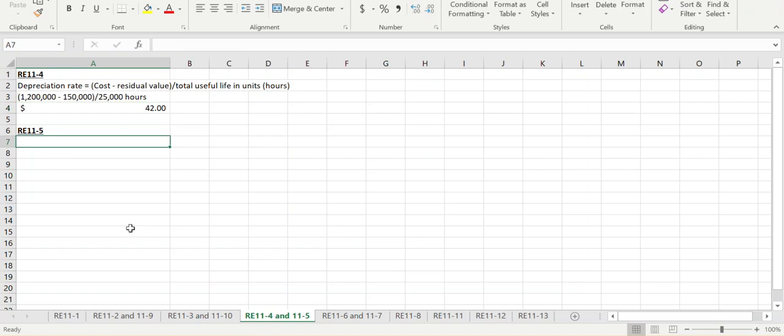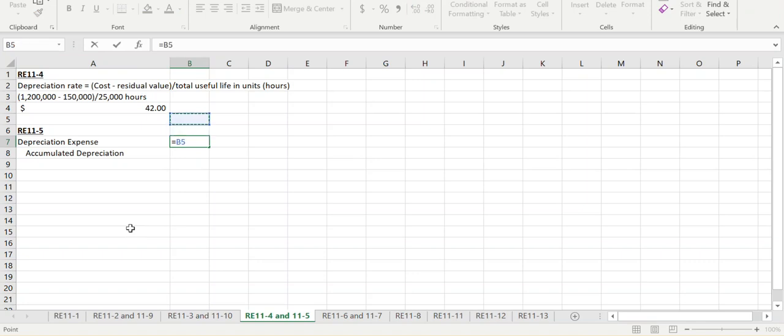So in review exercise 11.5, it says to assume that we use that asset for 7,500 hours during this current year. So we would journalize our entry for depreciation expense and we credit our accumulated depreciation. My rate, that $42 per hour rate, does not change over the life of the asset.